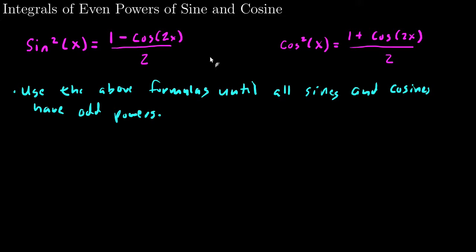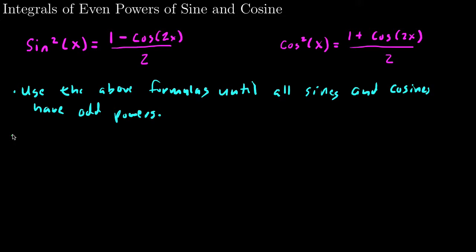Now in the examples I'm going to show, I'll show 3 of them in this video. They all go down to a power of 1, and then I can take the antiderivative. But if I did something that got down to a power of 3, then I would use the same rule that we saw in the last video.